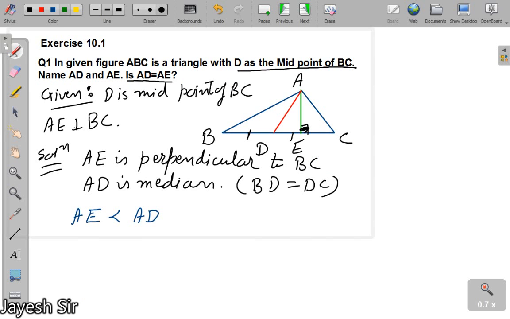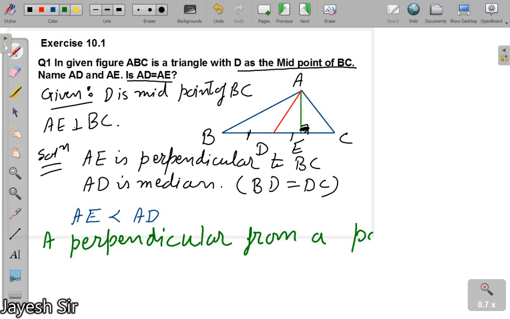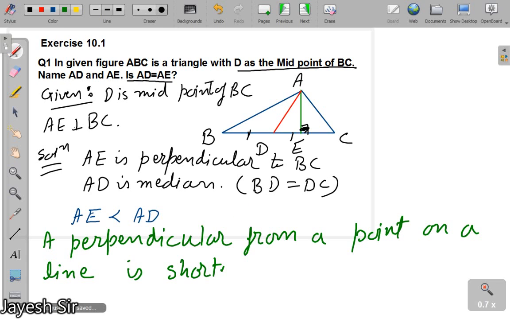Statement is, a perpendicular from a point on a line is the shortest distance between the line and that point.